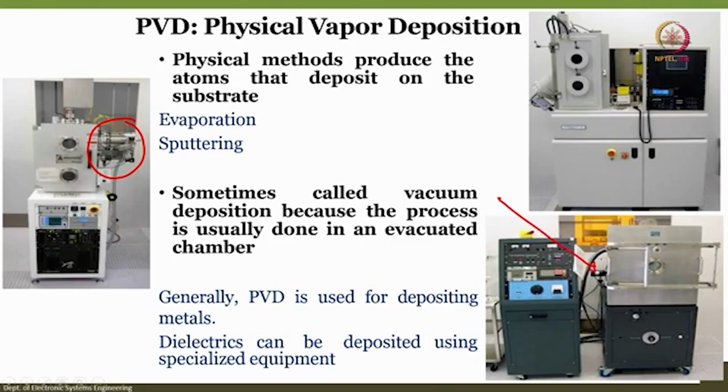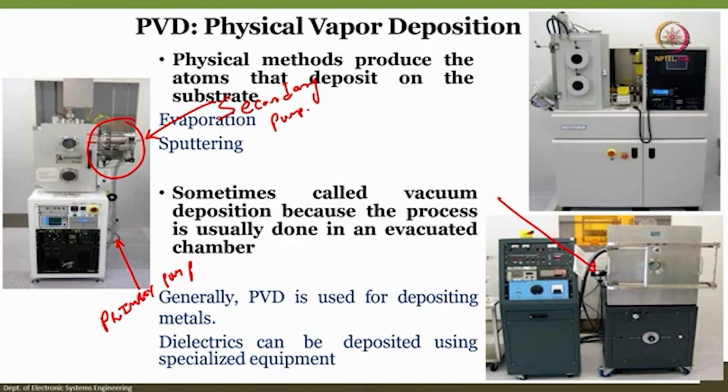There are generally two gauges. This, by the way, is the secondary pump, and then there is always a primary pump. Primary and secondary pumps are used to create vacuum.